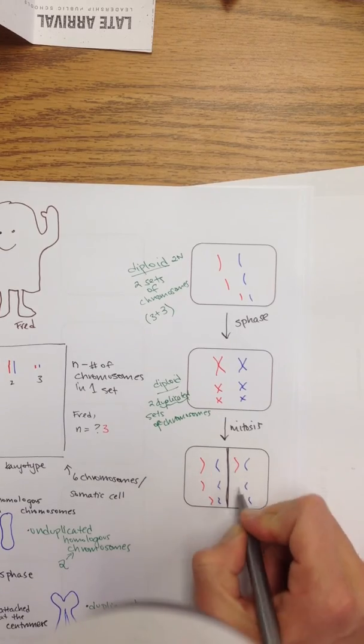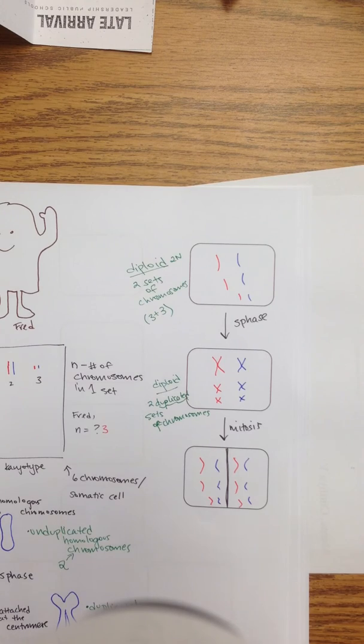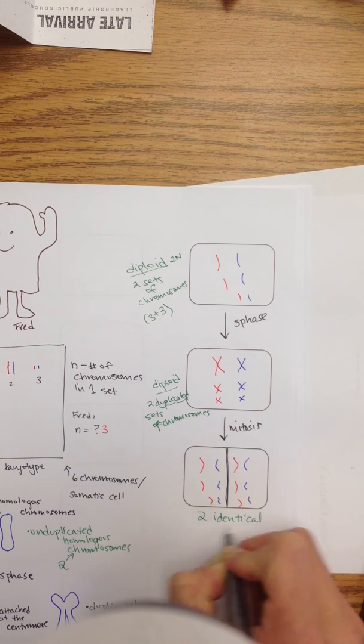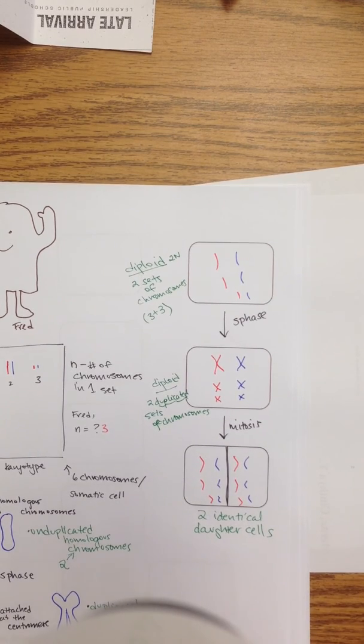So he still has exactly the same genome, exactly the same as he did before. These are 2 identical daughter cells. That is it for the notes for right there. Pause and go online and take the exit ticket before you come back to the next video.